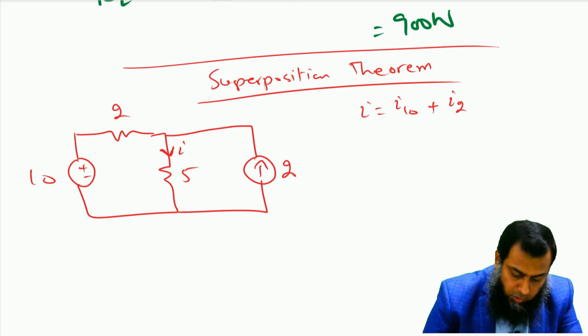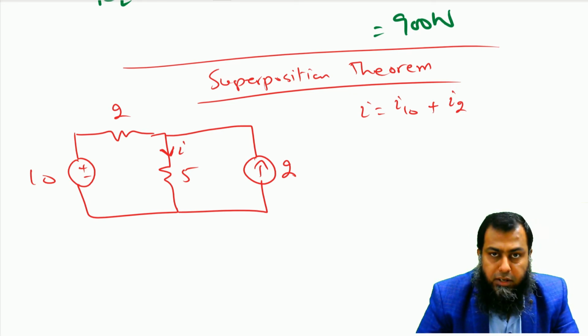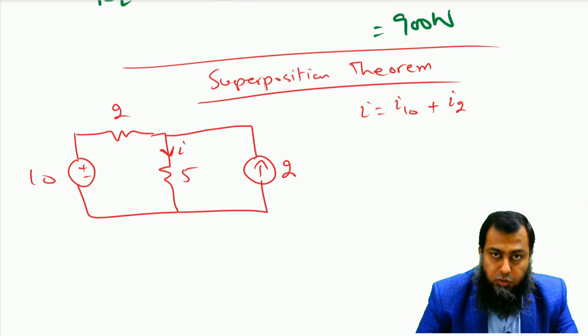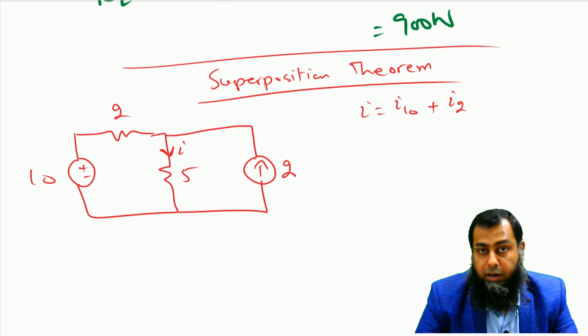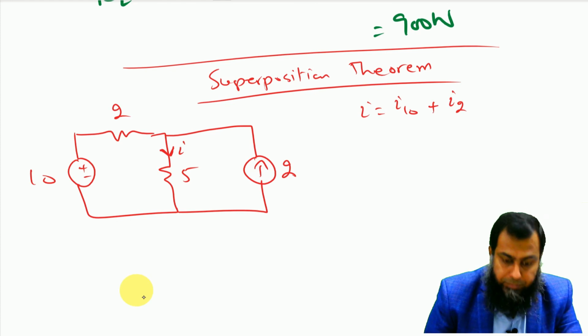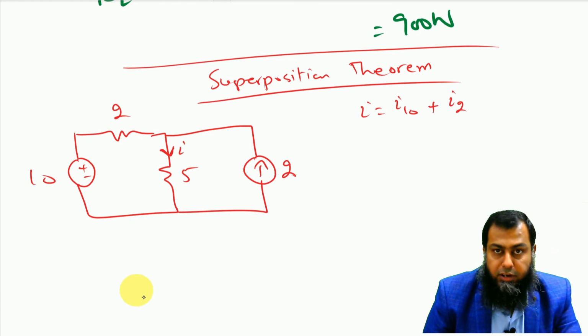Remember that although there are some proofs available in the literature that state that the superposition theorem can be applied on circuits having independent voltage sources as well as dependent sources, the concept of superposition theorem is only applied on the independent sources in our textbooks. For example, we have this 10 volt here and we have this 2 ampere here, so we will deactivate one at a given time.